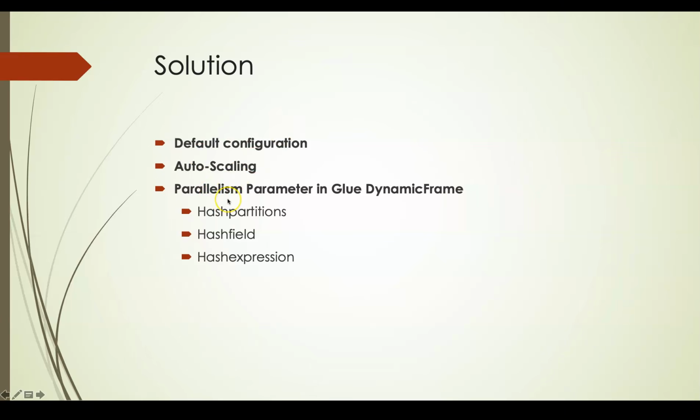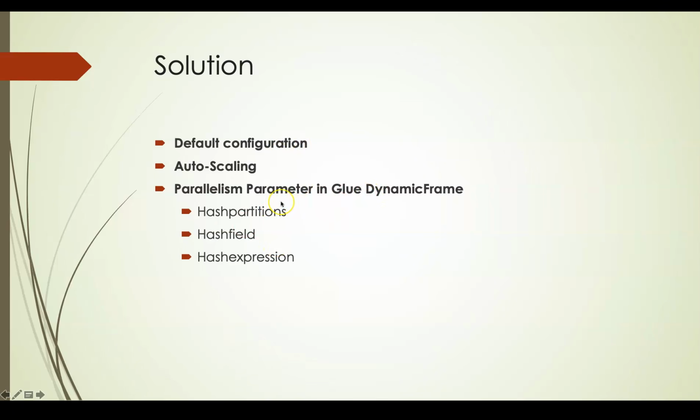Thereafter, we are going to learn what all the parallelism parameters are which are available in a DynamicFrame. You must be wondering what a DynamicFrame is and what all these parameters are about.